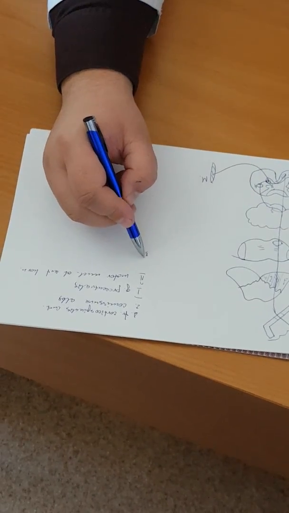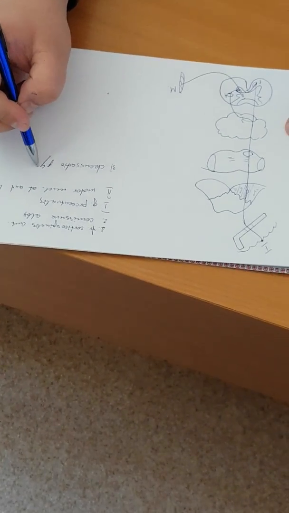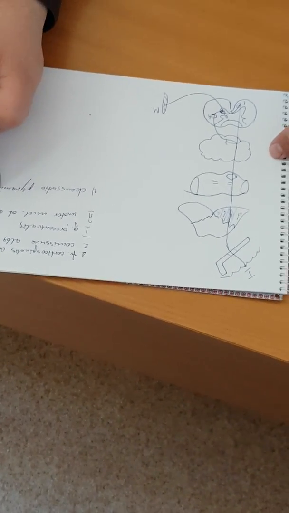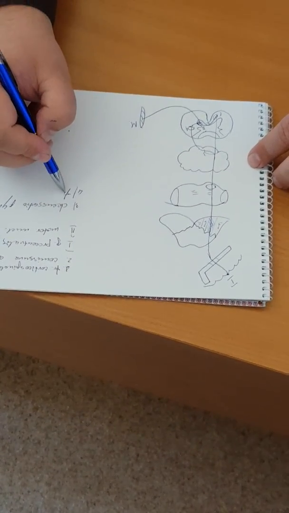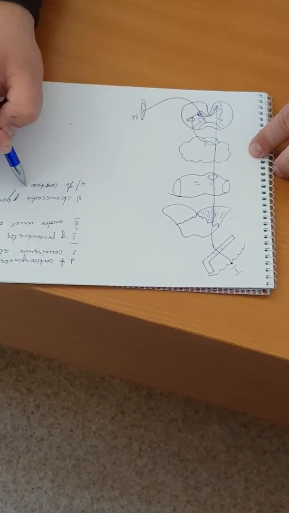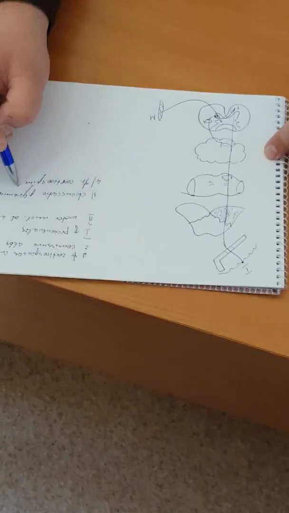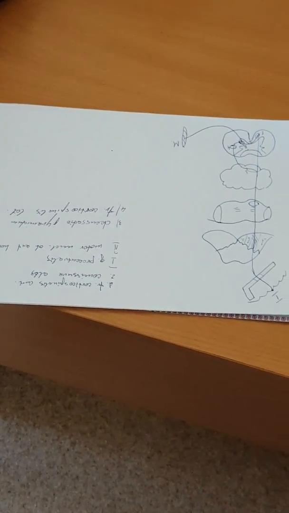Number 3 is decussatio pyramidum, and number 4 is tractus corticospinalis lateralis in lateral funiculus. That is all.